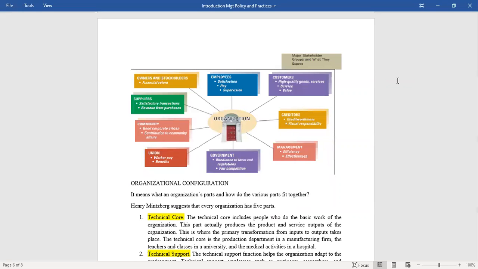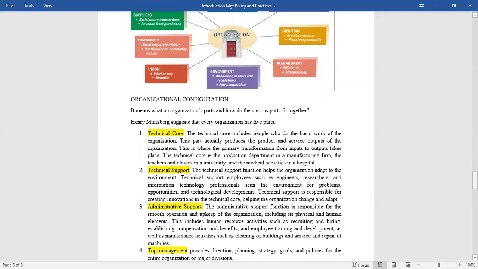So finally, we are looking at the last part, which is the organizational configuration. As I told you, the configuration is very much like configuring a computer and determining what its default is going to be. So here you can say configuration means what are the parts of the organization and how do the parts fit together, right?